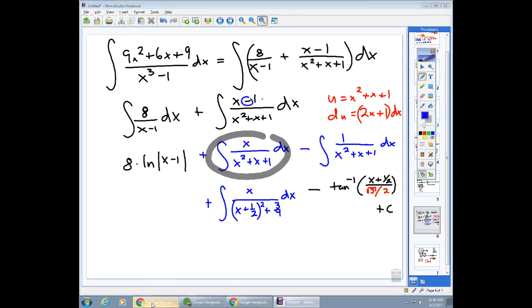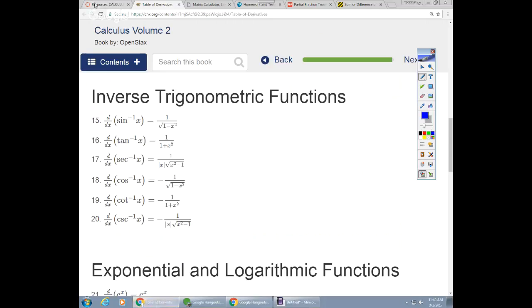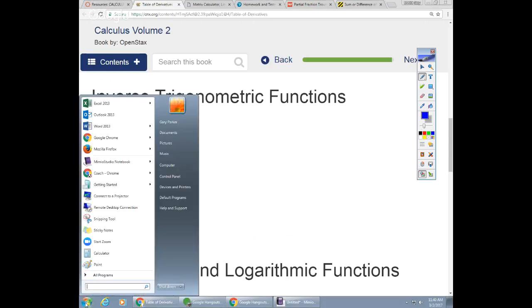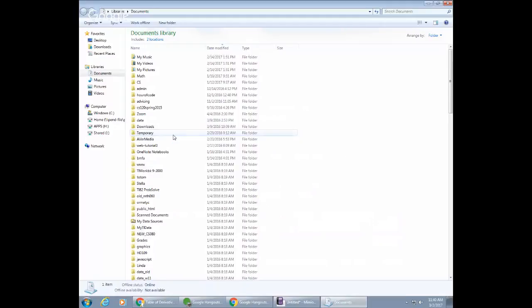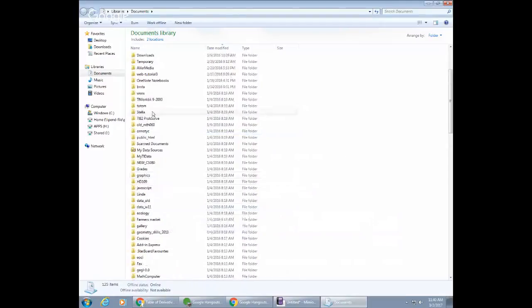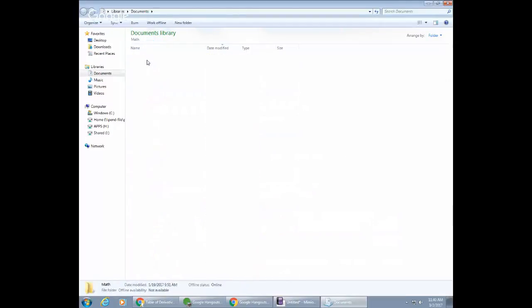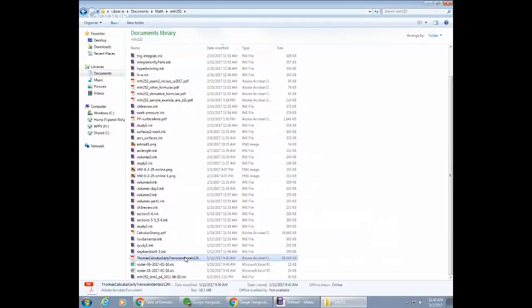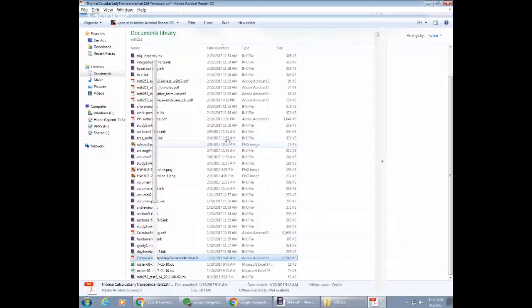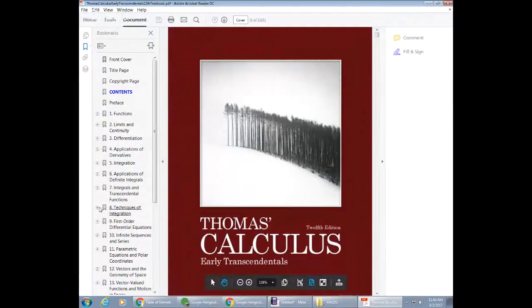Is that in there too? Did I miss that? Let's see, where's our book? Documents. Math, where's math? There it is. 252. Textbook. Chapter 8.